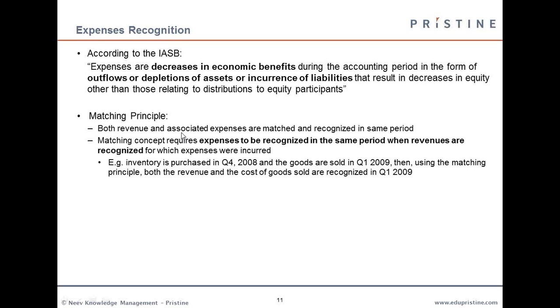If you have purchased some inventory in the fourth quarter of 2008, however, the goods are sold in the first quarter of 2009, then what the matching principle says is both the revenue and the cost of goods sold are recognized in the first quarter when you actually sell the goods. Although you purchased the inventory in the fourth quarter of 2008, you don't recognize it then and there. You only recognize it along with the revenues.